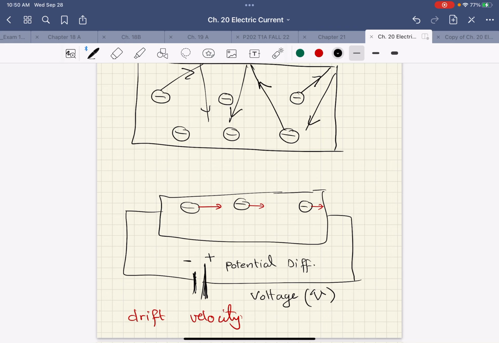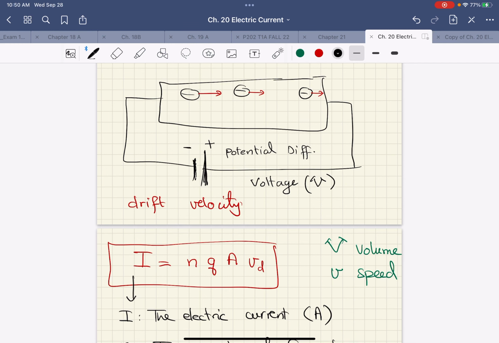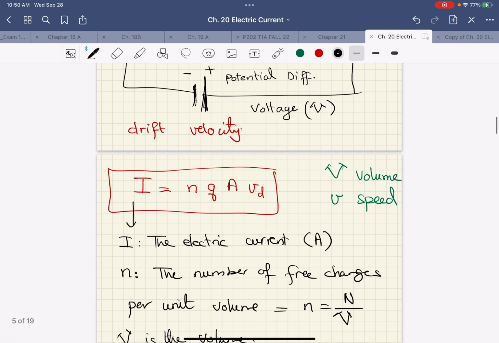Of course, that velocity we call drift velocity, and we can prove that the current equals lowercase n times Q times A times v drift. Remember here, we are going to use uppercase V for volume and lowercase v for speed.